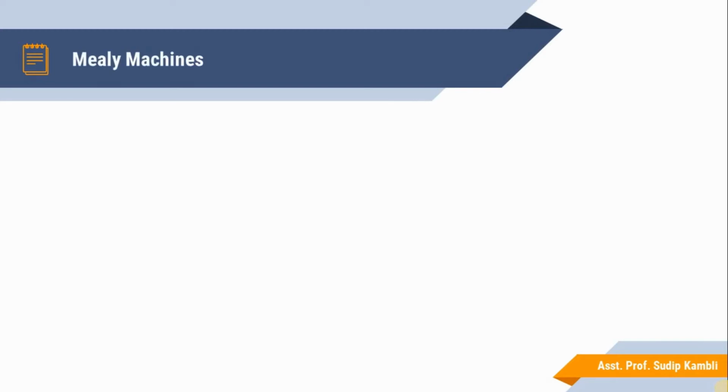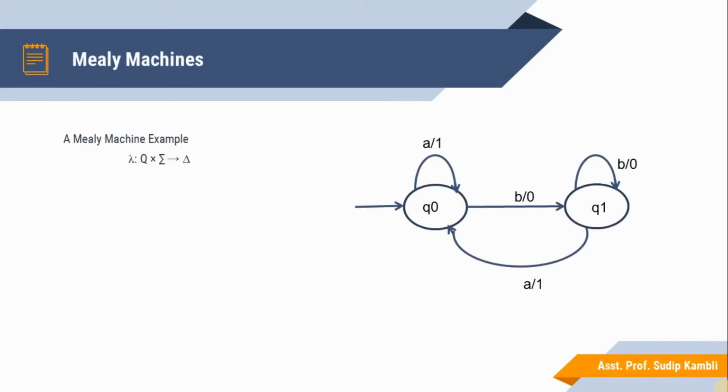In a Mealy machine example, consider this transition diagram. There are two states, q0 and q1, the input alphabets are a and b, and the outputs are defined as 1 and 0 bits.